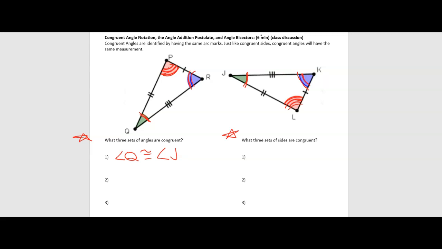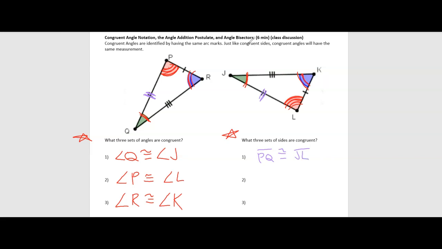Okay, so second set of angles, angle P congruent to angle L, and we have angle R congruent to angle K. Moving on to sides, I have side PQ with 2 tick marks. So segment PQ congruent to segment JL. That also has 2 tick marks.